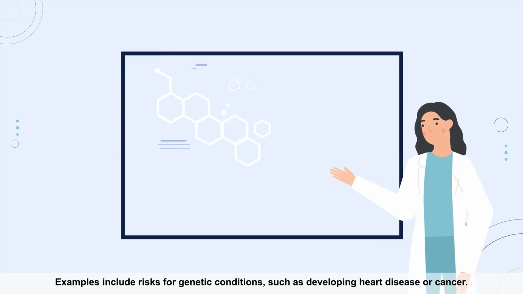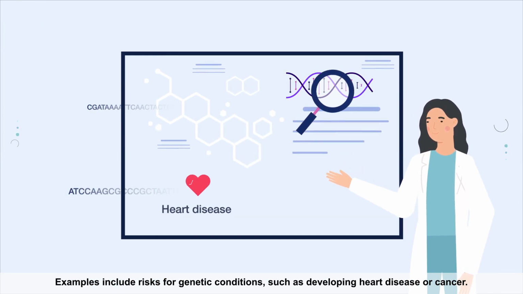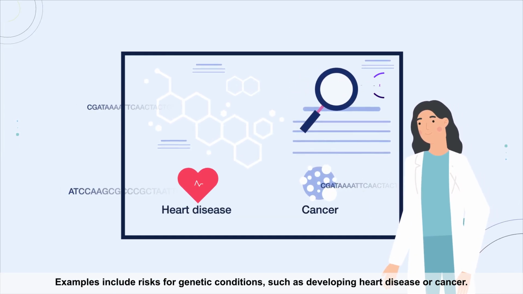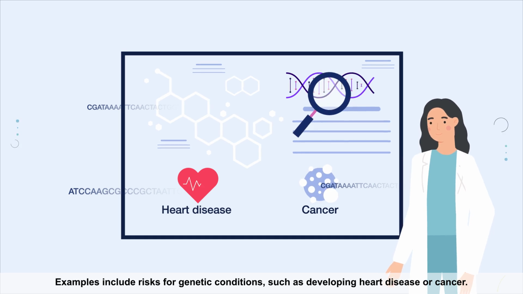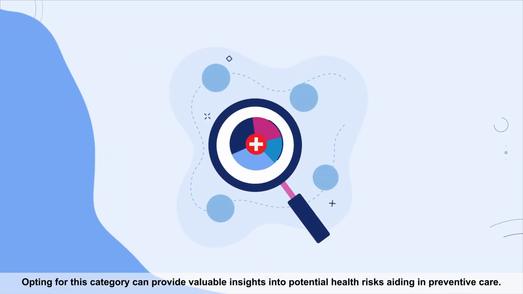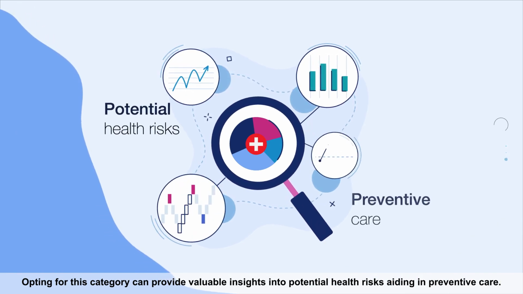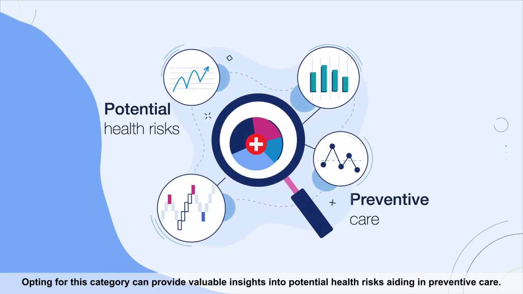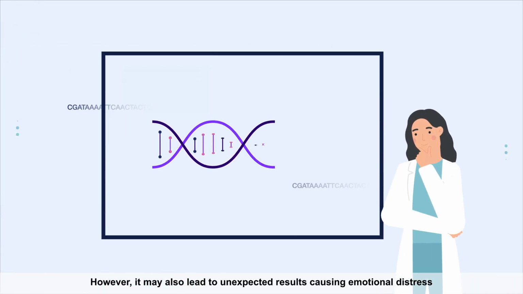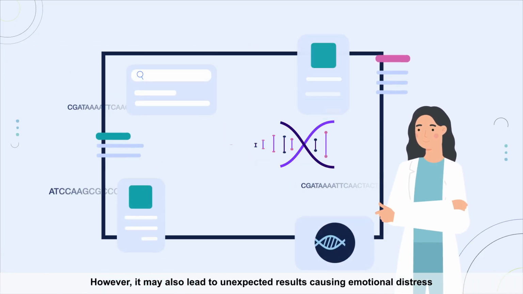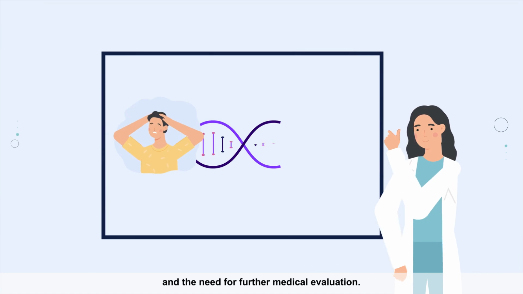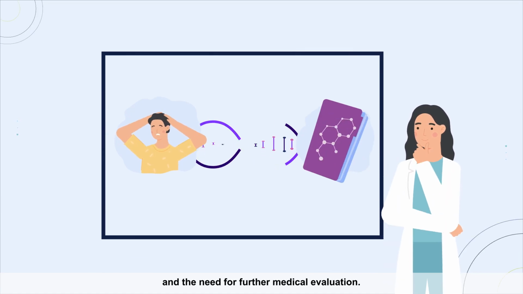Examples include risks for genetic conditions, such as developing heart disease or cancer. Opting for this category can provide valuable insights into potential health risks, aiding in preventative care. However, it may also lead to unexpected results, causing emotional distress and the need for further medical evaluation.